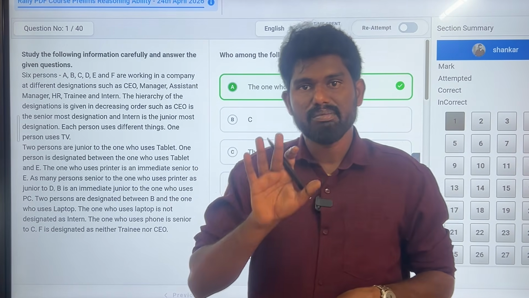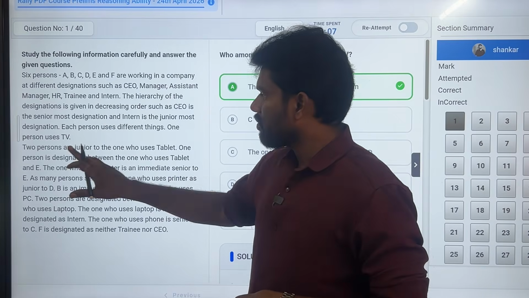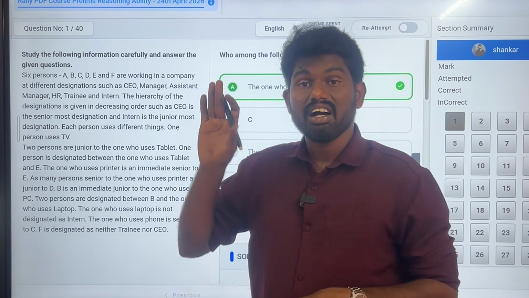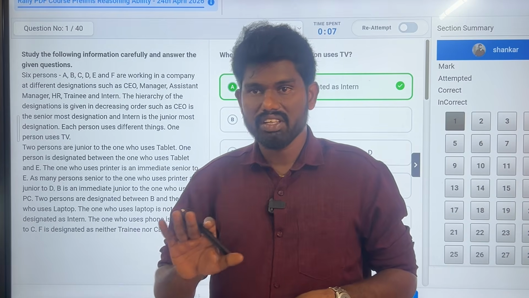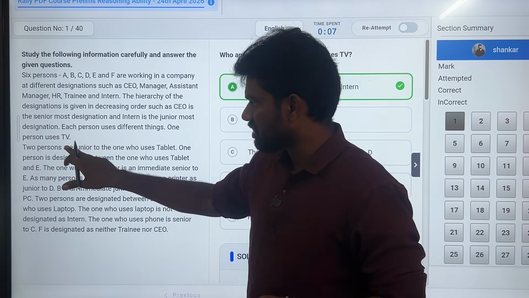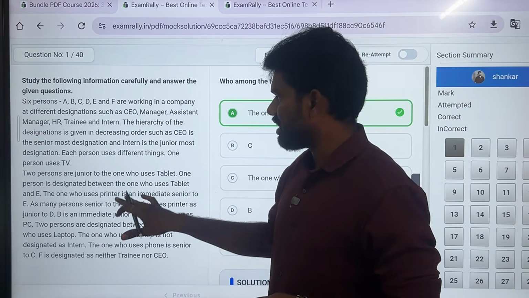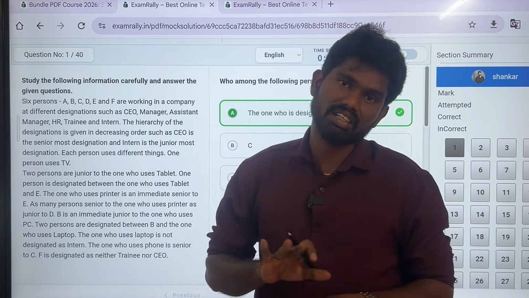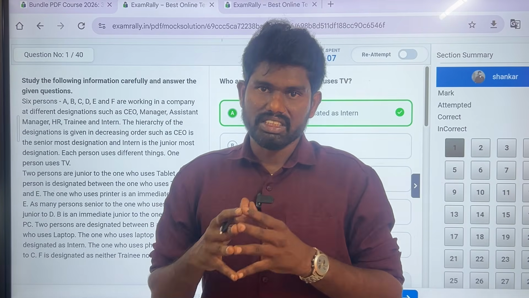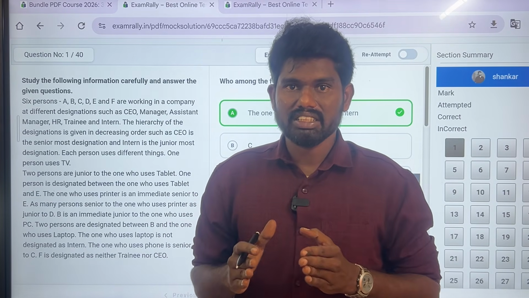For real IBPS exam questions, you have to start from the very first statement and continue solving sequentially: first the first statement, then the second, then the third, then the fourth, and so on. If you are not getting any point from a single statement, just combine the statements.